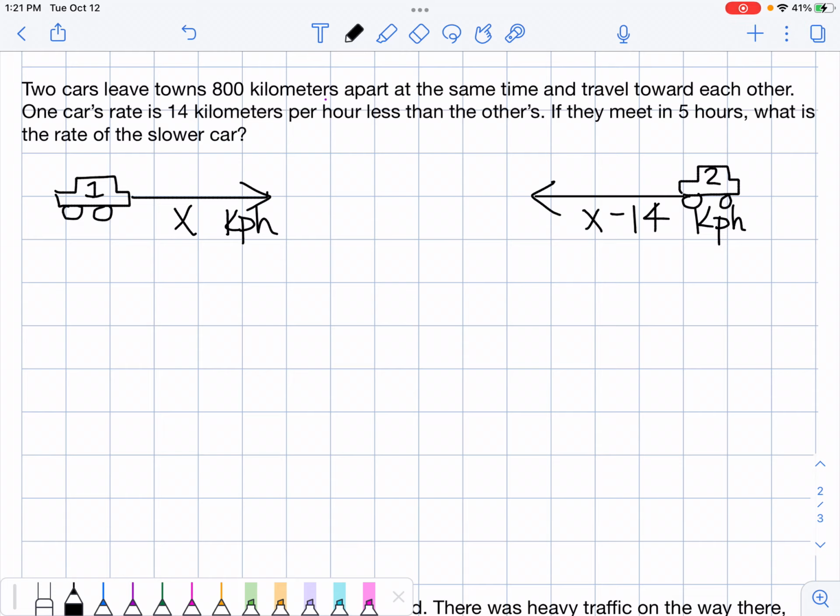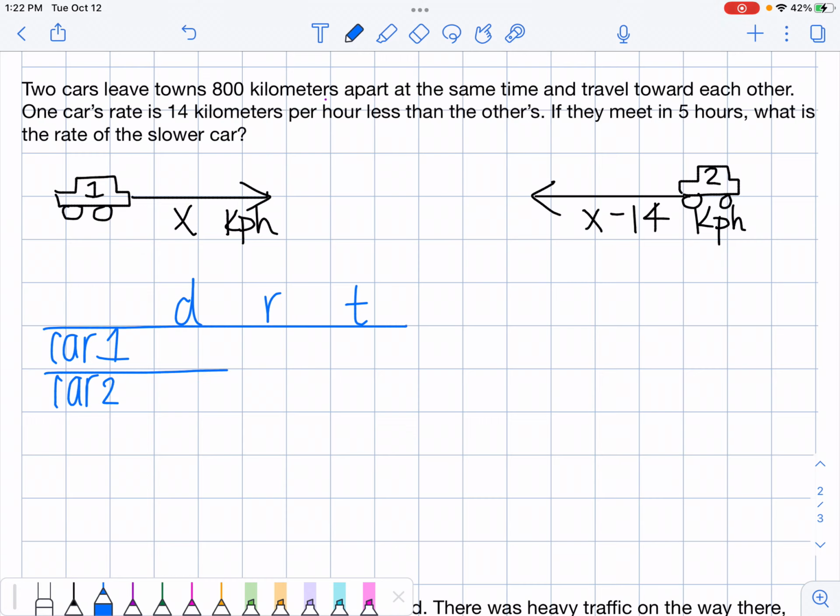All right, so let's see here. So I have my car 1 and my car 2. And I have a distance, a rate, and a time. Okay, so car 1, we said has a rate of x.